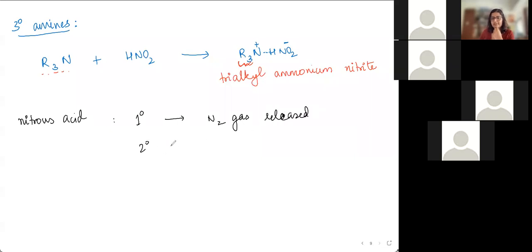In the case of a secondary amine, you end up with a yellow-green oily layer, a nitroso compound being formed. And in the case of a tertiary amine, it just dissolves to form a salt.